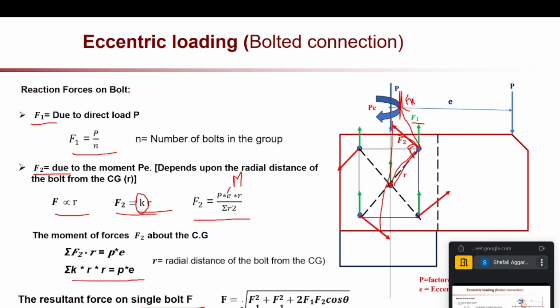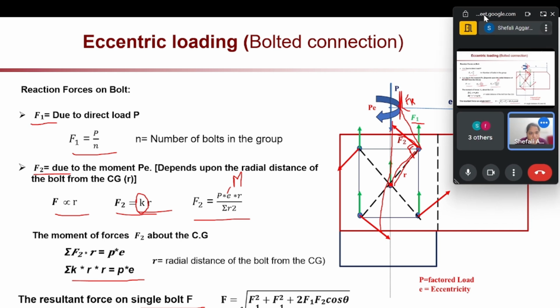This is a simple mathematical issue, I think you all know about it, right? So what is this theta angle? This angle theta is the angle between F1 and F2.